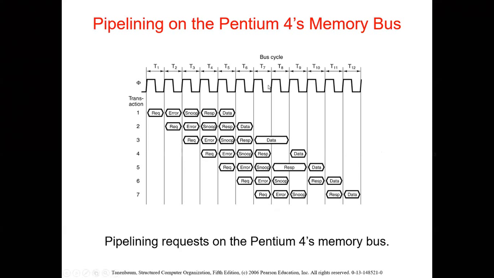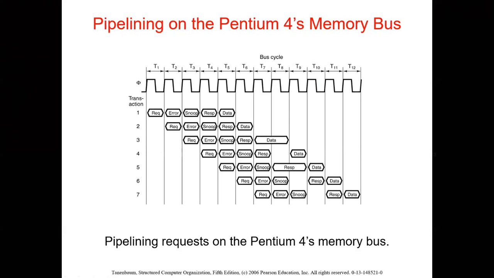So the Pentium 4 memory bus also has a pipeline like your processor, overlapping different memory access cycles to make the performance of your memory better. Is that okay for this one?